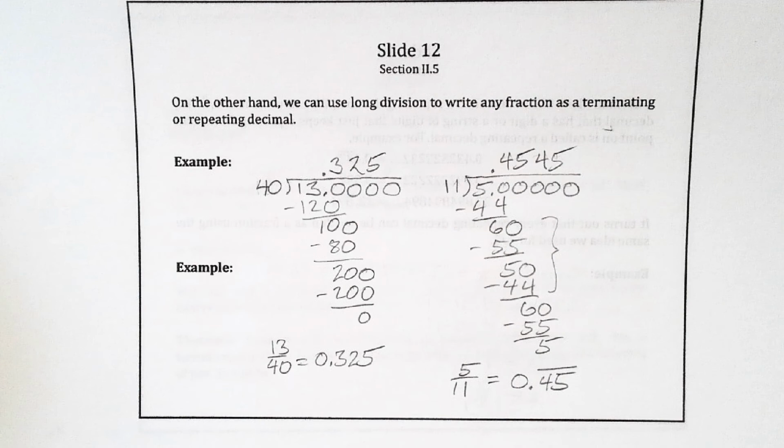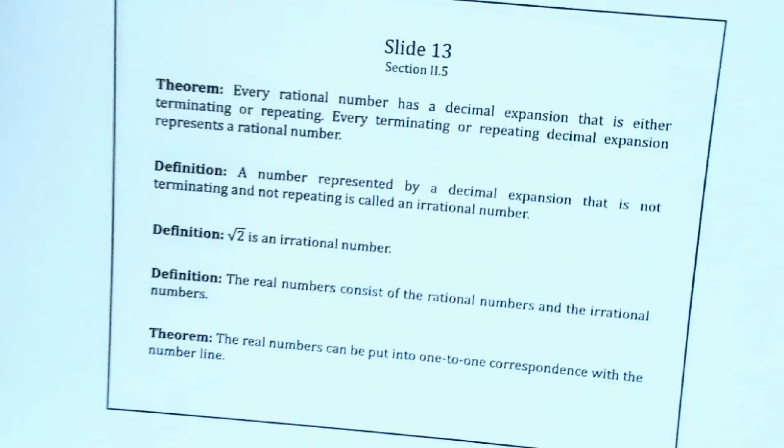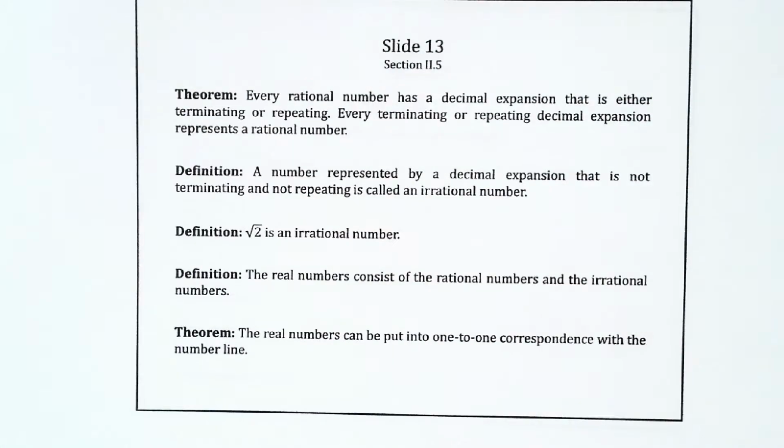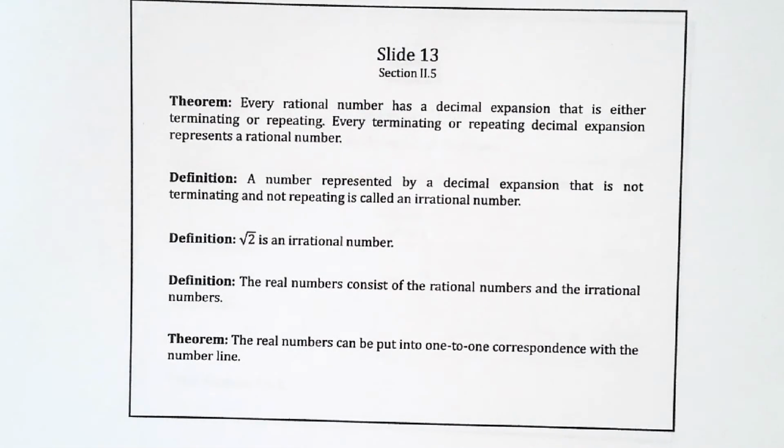So this means that we are now ready to finally answer the question that we started this discussion with. Every rational number has a decimal expansion that is either terminating or repeating. Every terminating or repeating decimal expansion represents a rational number.